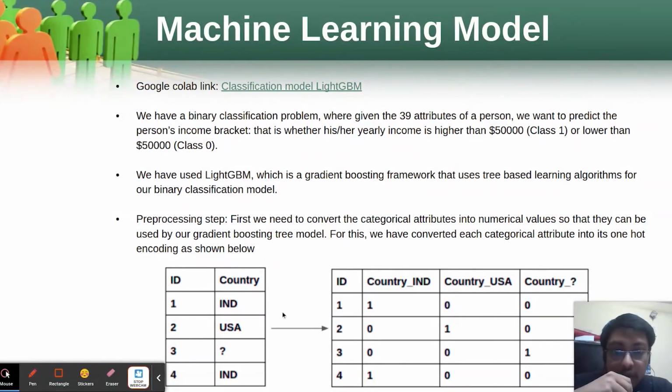In this way, we do it for all the records present in our training dataset and test dataset, as well as for each of the categorical attributes we have in our dataset. So this is the pre-processing step we need to do before applying our machine learning model, which is the LightGBM model.